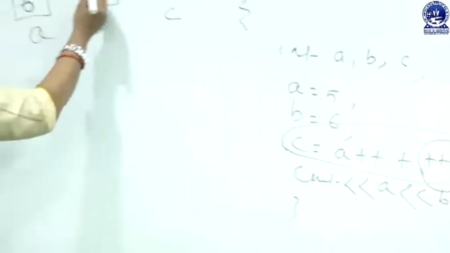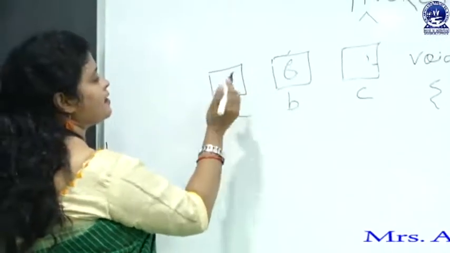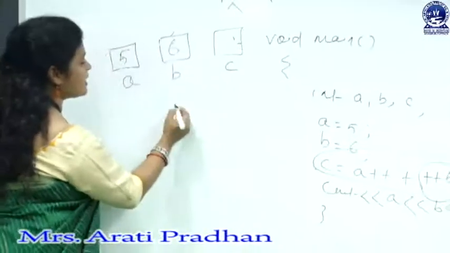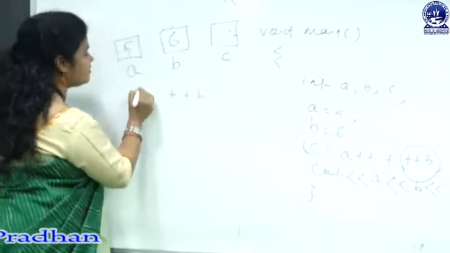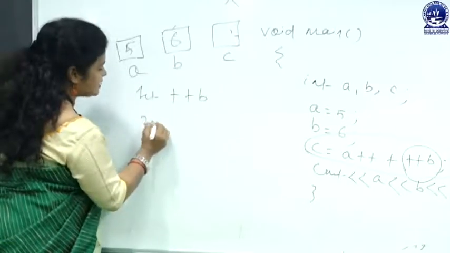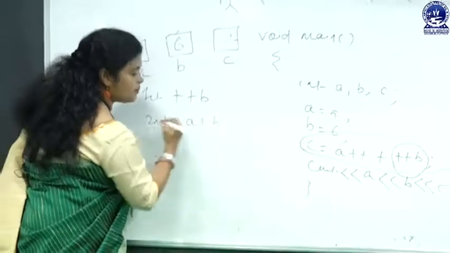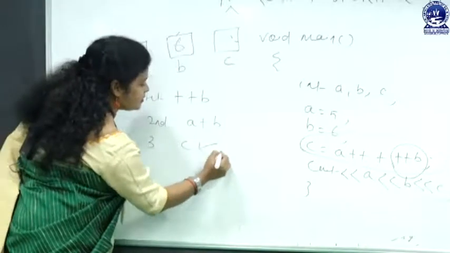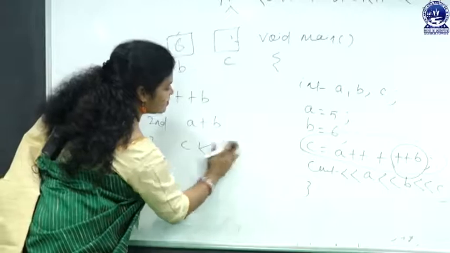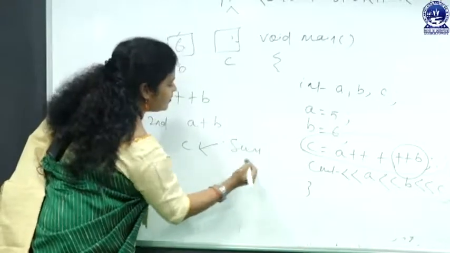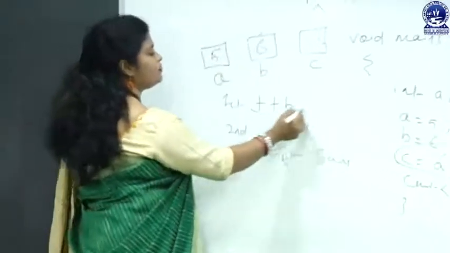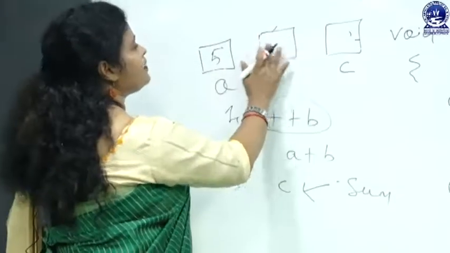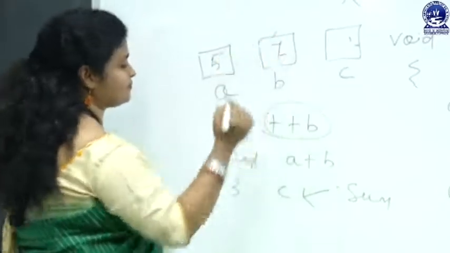Initially, B is containing 6, A is containing 5. In this statement, first ++B will be performed, then second step A + B will be performed, third step C will be assigned the result or sum. You may say the sum of A and B. When ++B is evaluated, B value will be incremented, that is 7.